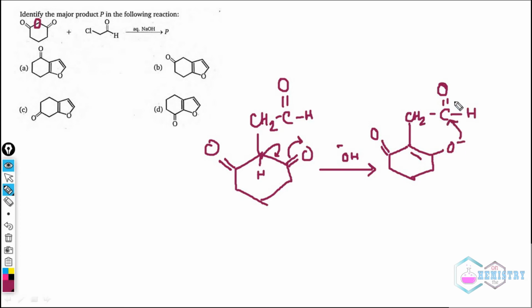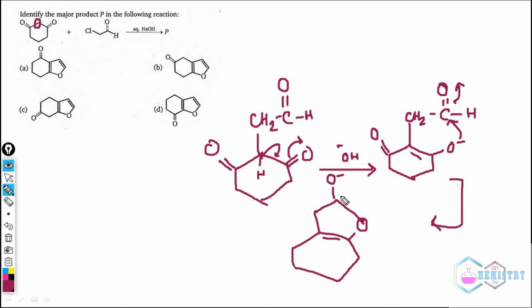This will go attack here and this bond will go. So 1, 2, 3, 4, 5, a 5-membered ring will form. Here is the oxygen. So here is the 5-membered ring. There is the O minus H, and here is the double bond O.